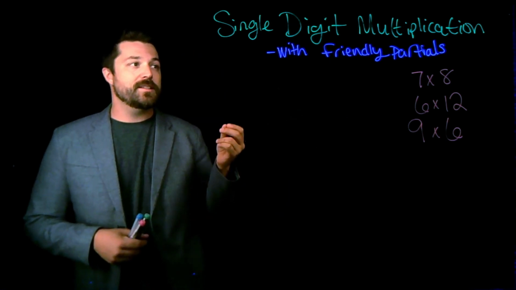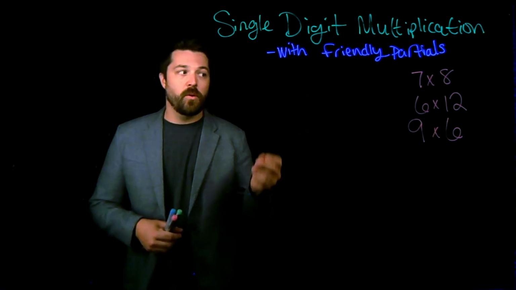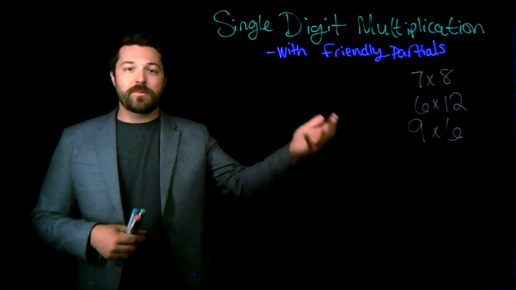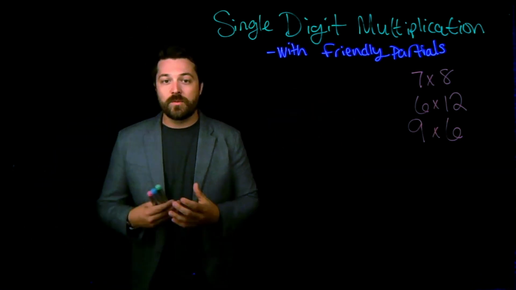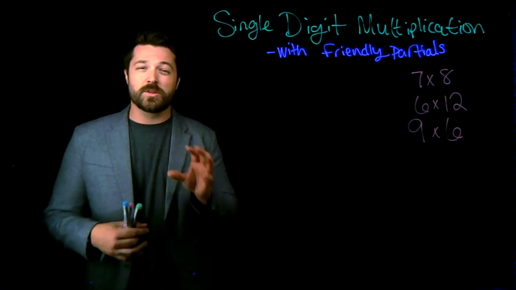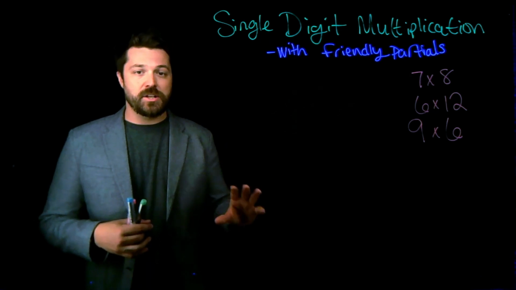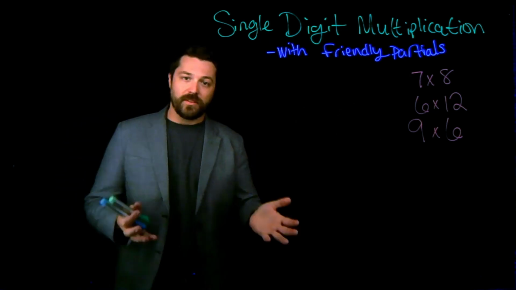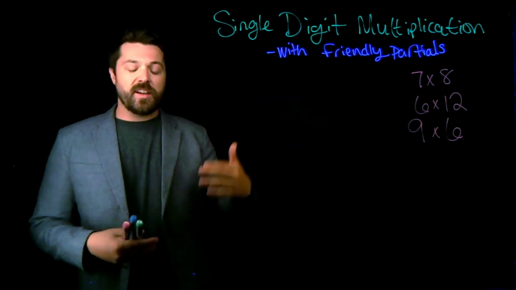So we're going to look at this partials strategy for multiplying most of the numbers here, single digit. We do have 12 as well, because that's also in the benchmark. And we're going to use a ratio table to organize that strategy as a way to model the thinking. And so we want to think of some friendly numbers.